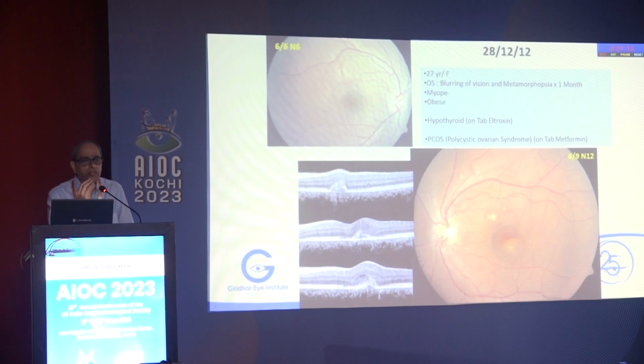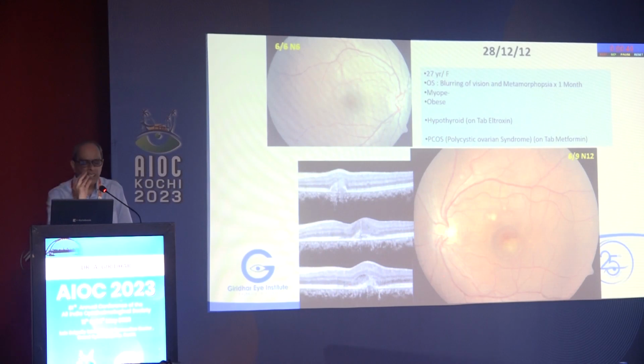Multiple hyperreflective material, which is collected above the retinal pigment epithelium, and there is some degree of retinal fluid, therefore we call it subretinal hyperreflective material. It is seen in many conditions, but in this condition it's a sign of possibly neovascularization.